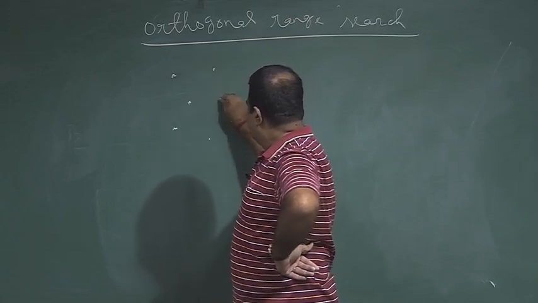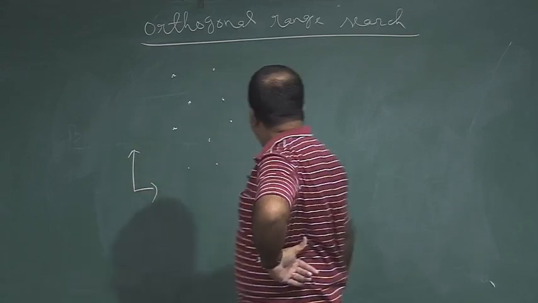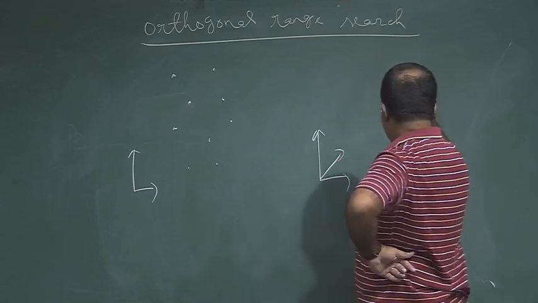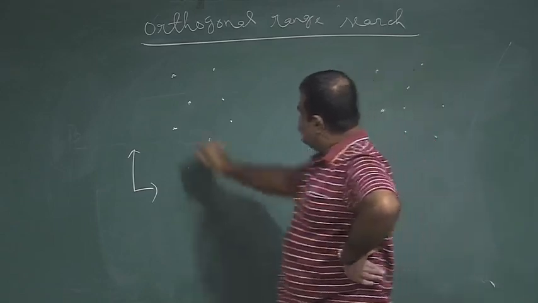This could be a database problem. Say we are in 2D and we could be in 3D also. Suppose these are the points in the space.